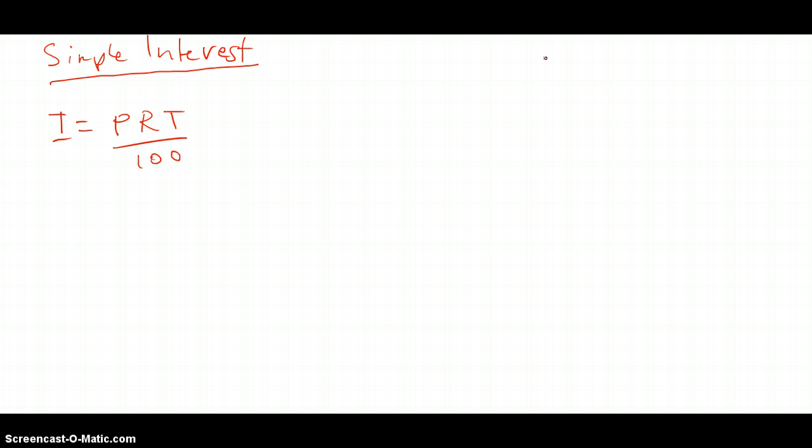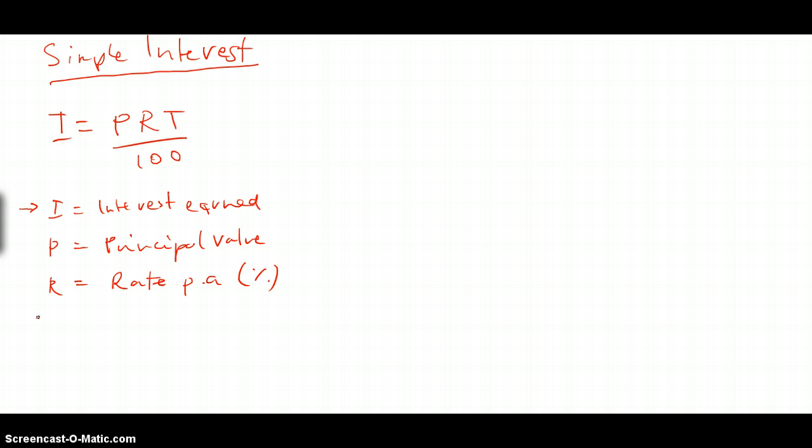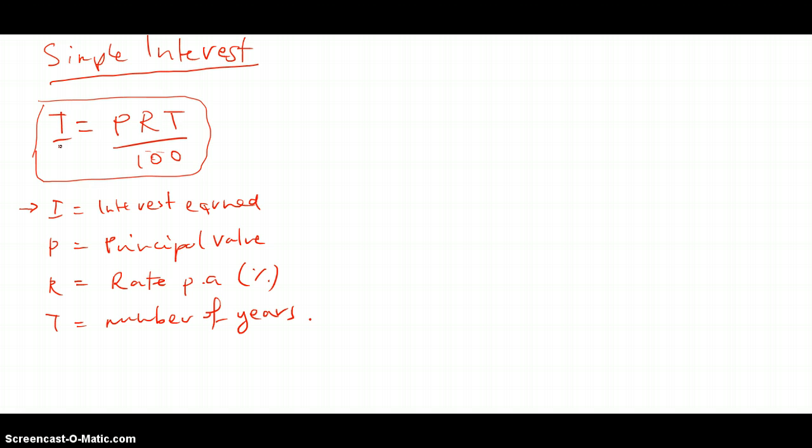The variables stand for: I is equal to the interest earned, P is equal to the principal value, or the amount that they initially invest, R is equal to the rate per annum as a percentage, and T, time, is equal to the number of years. So I equals PRT over 100 is the standard formula for simple interest.